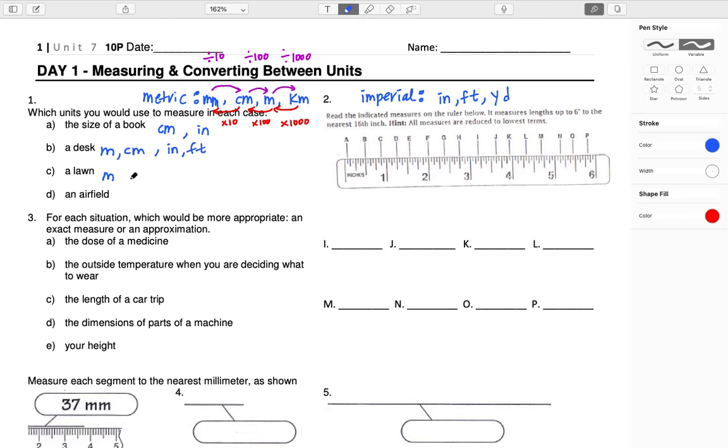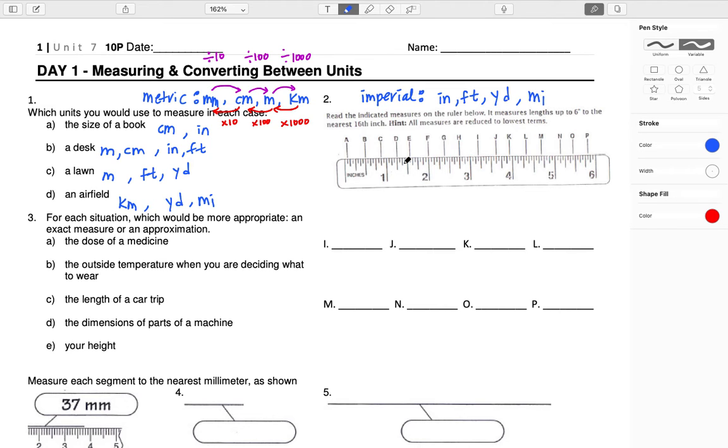For imperial, you could use feet, or perhaps yard as well. Okay. And lastly, an airfield. Airfield is huge. Because it's such a big distance, we will be using kilometer, or you could use yard, or perhaps miles. Let me just add miles here as well.